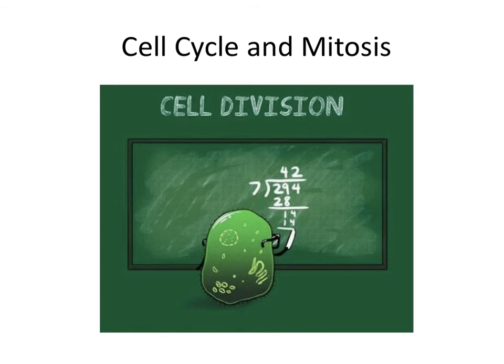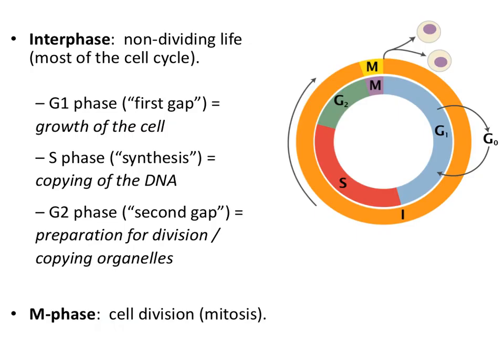All right, let's move on to cell cycle and mitosis. So the cell cycle is just simply a cell's life. All cells go through the cell cycle. The main phase of the cell cycle is interphase, or I. Interphase consists of 3 subphases, G1, S, and G2.